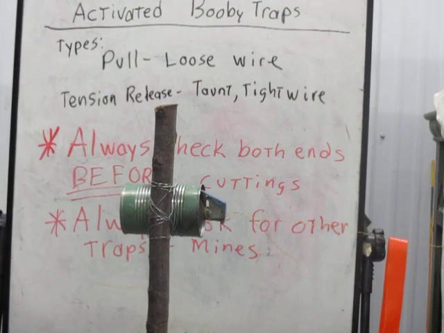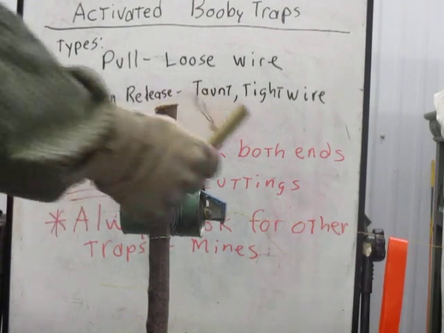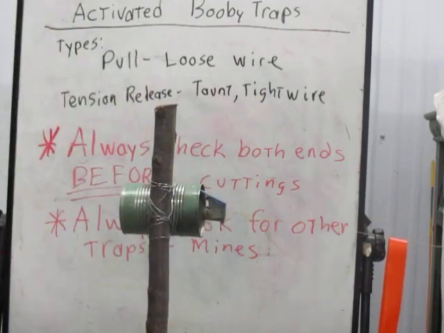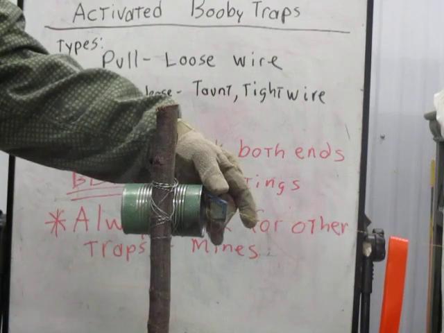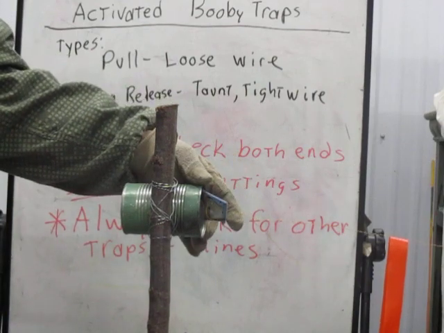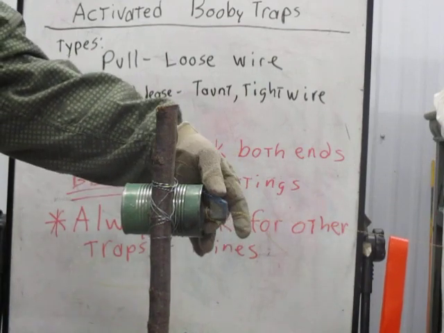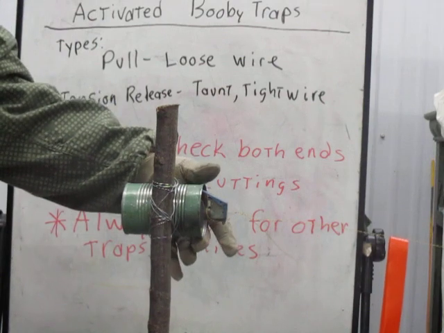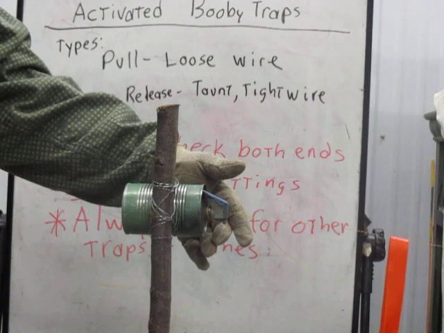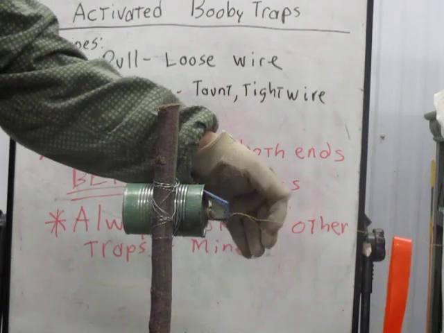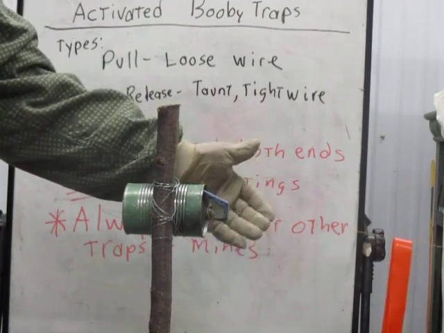Now I'm sure someone will say, well, that mousetrap will just pull that grenade right out of the can. Well, if they made sure that that grenade is nice and snug in here, has a nice tight little fit right here at the end, maybe crushed it a little bit, so that grenade's not going to come out easily, except with a good pull on the tripwire, it can be done.